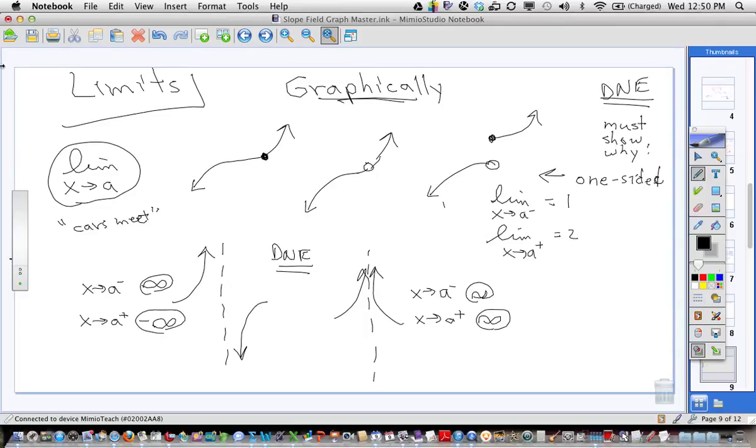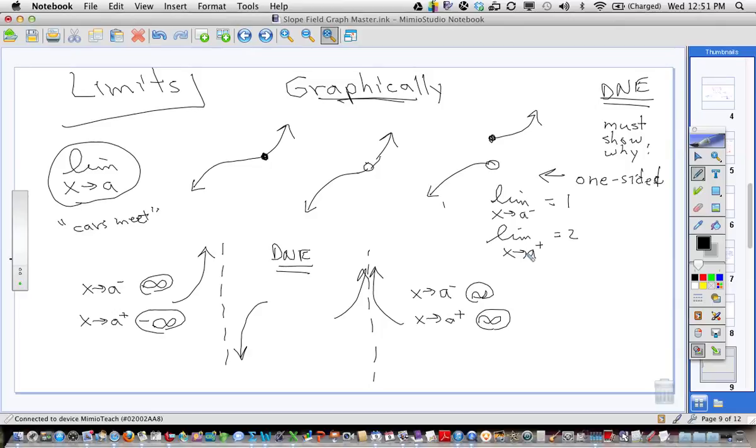But it wouldn't be okay on the one on the left, because they're not both going to infinity. One's positive infinity, one's negative. So, does not exist in two different situations here. In both cases, the reason why it doesn't exist is because the limit from the left and the limit from the right are not meeting at a number. If they do, then that's a limit.